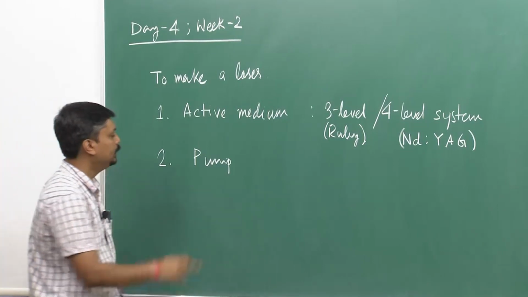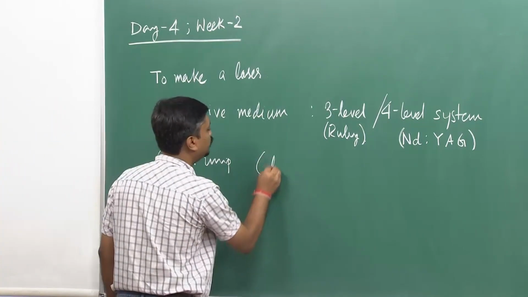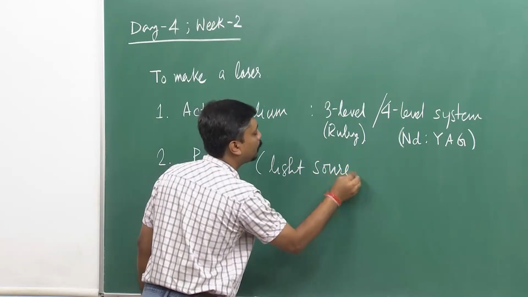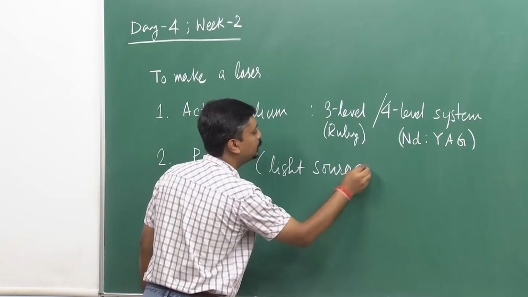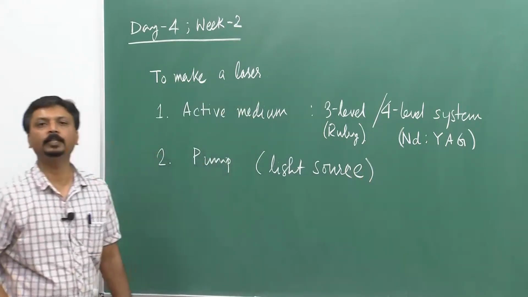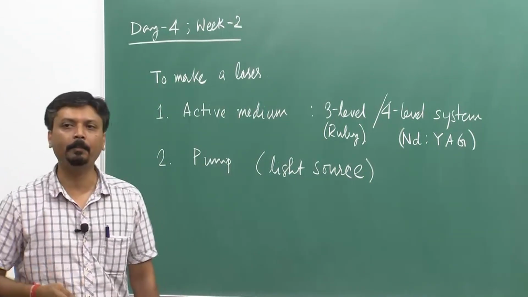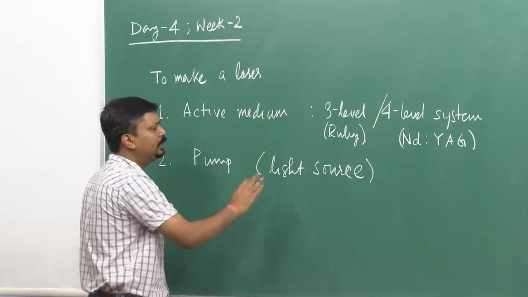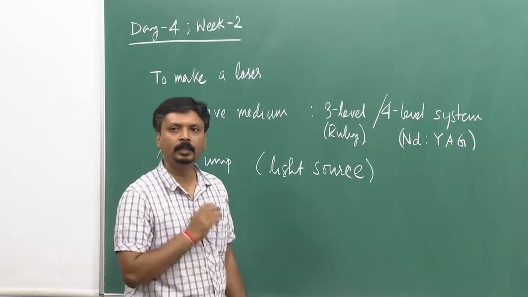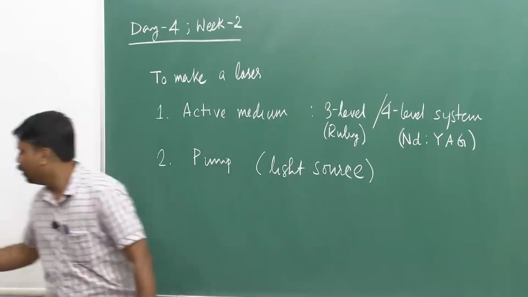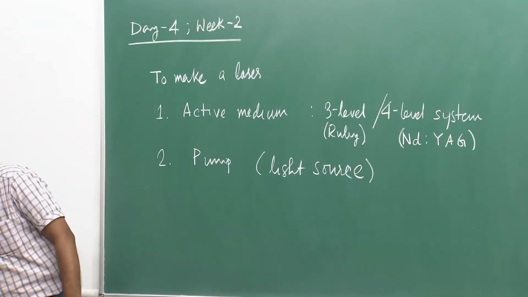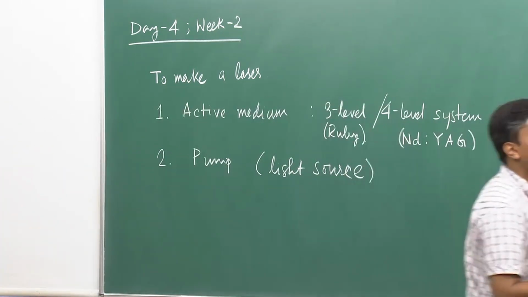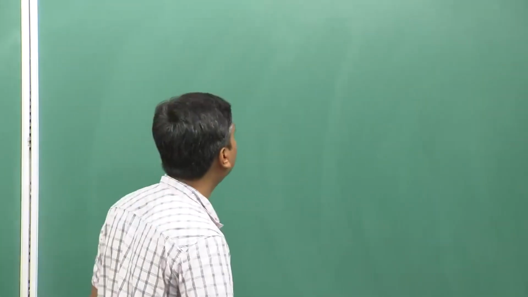This is nothing but some light source, which can be a flash lamp, which can be an electric discharge system depending on your medium and requirement. So, these are the two primary things, and with this we can start constructing a laser. So, let me show you.